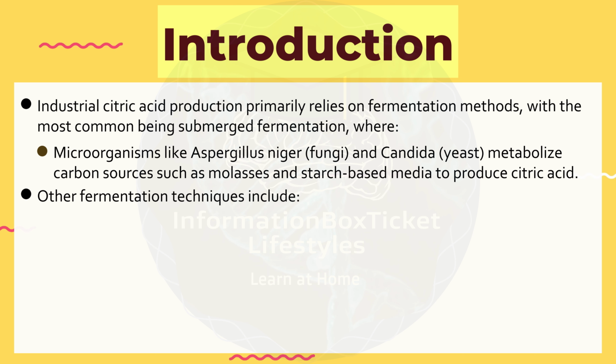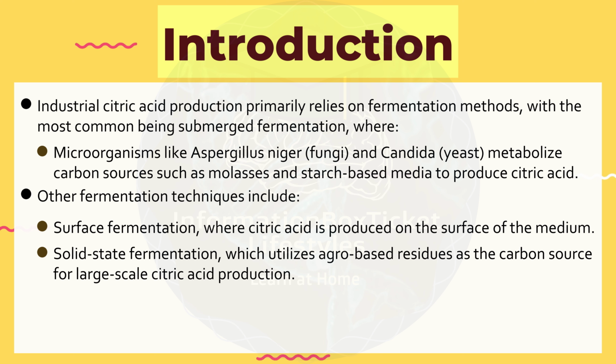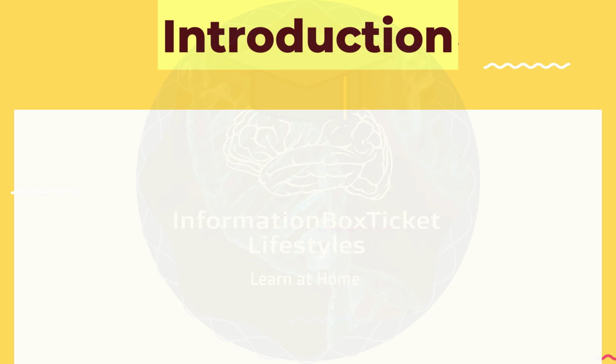Other fermentation techniques include surface fermentation, where citric acid is produced on the surface of the medium; solid-state fermentation, which utilizes agro-based residues as the carbon source for large-scale citric acid production.